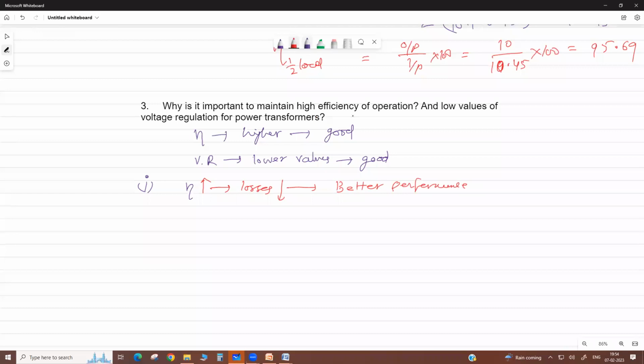And low losses means there is a reduction in power consumption. Power consumption is reduced means your electricity bill is reduced.